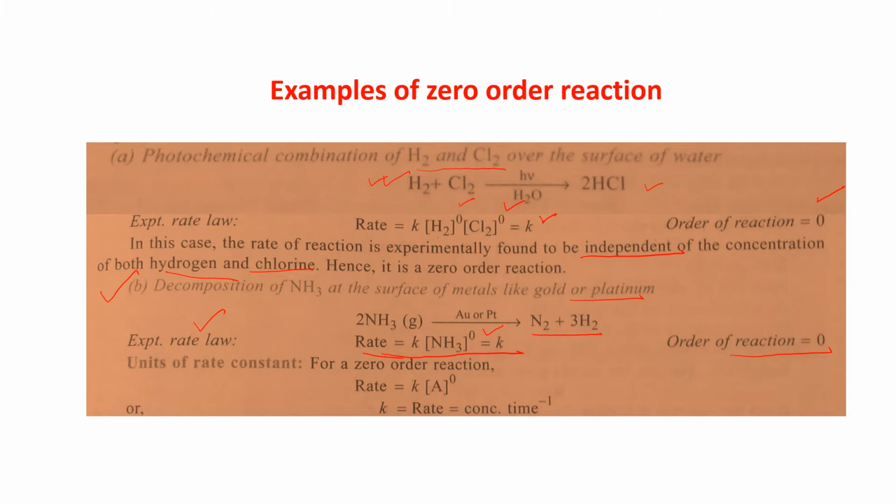Rate is equal to K, the specific rate constant, times A to the power 0. So K is equal to rate, and the rate has the unit concentration time inverse. So concentration time inverse is the unit of K when it is a zero order reaction. I think it is clear to you.